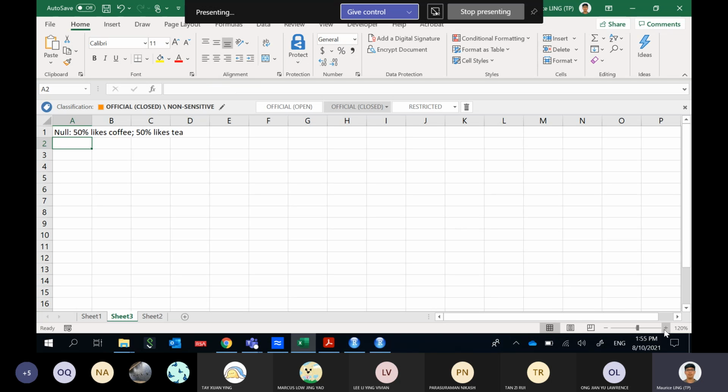Don't bother about other drinks. But the real result, your data, shows that 51% like coffee. How many percent like tea? 49%.